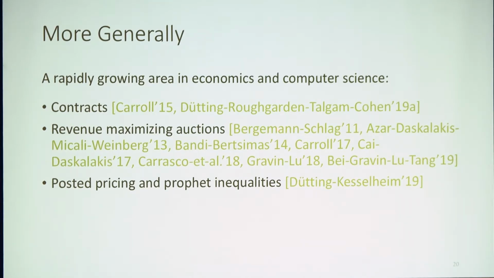But there's also a very active stream of research on revenue maximizing auctions under the same assumptions. And there's also one EC paper upcoming this week on profit inequalities under this model. Okay, so that's the first direction, which I think is interesting.